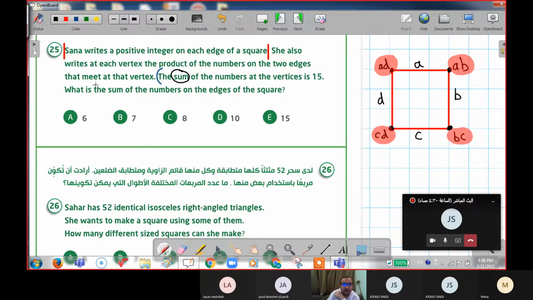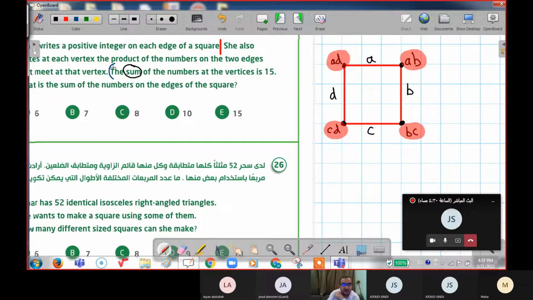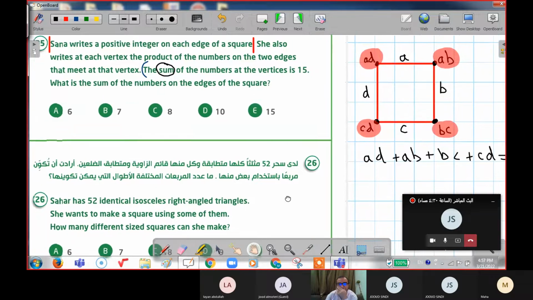So the sum of them, which means AD plus AB plus BC plus CD, is equal to what? She says that the sum of them is equal to 15. We can write it in another form.